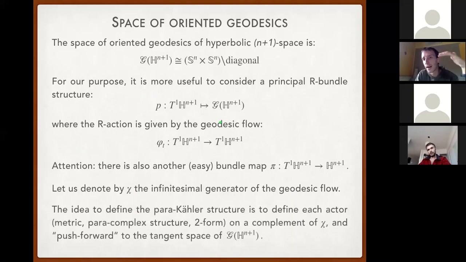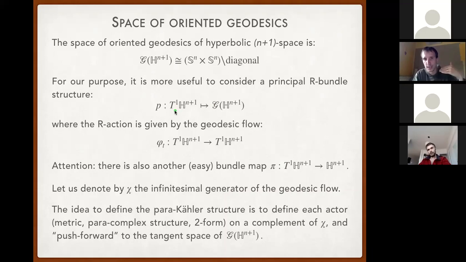So this is a vector field on the total space of the unit tangent bundle. And we want to define this parakähler structure on the base, on the space of oriented geodesics. The idea is that we define all the actors which play in the definition of the parakähler structure in the tangent space of every point, on a complement of chi in the unit tangent bundle.